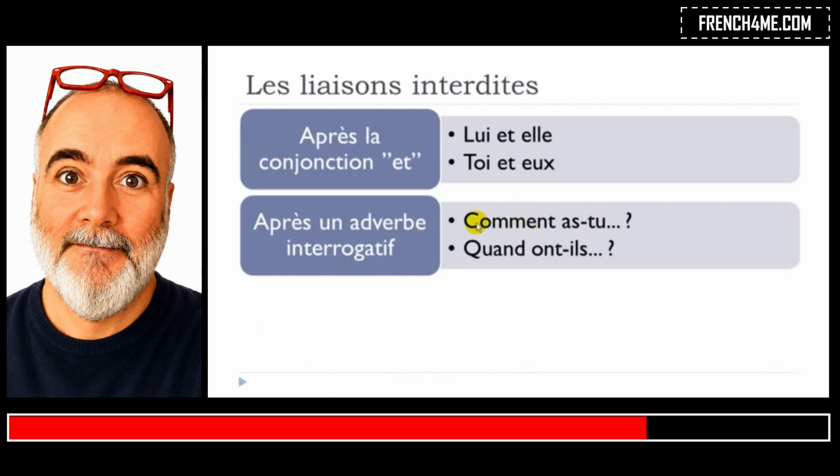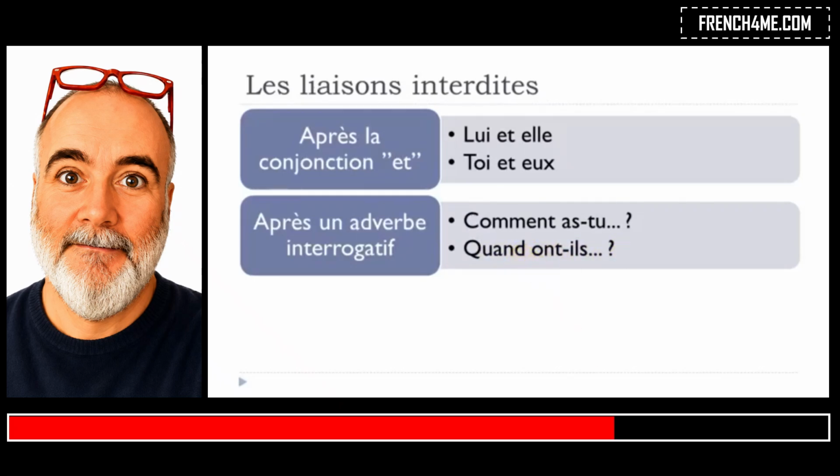But in that case, remember that if you start with an adverb like here, avec un adverbe, don't make the liaison. So you don't say comment as-tu. No, nothing here. Comment as-tu? Exactly the same thing here. Quand, when, and then ont-ils. Quand ont-ils? So you don't make a liaison here between the two.